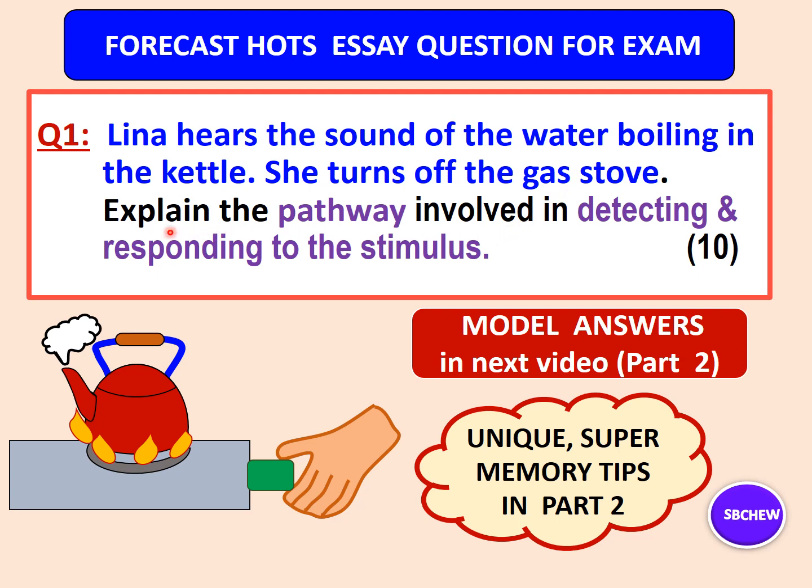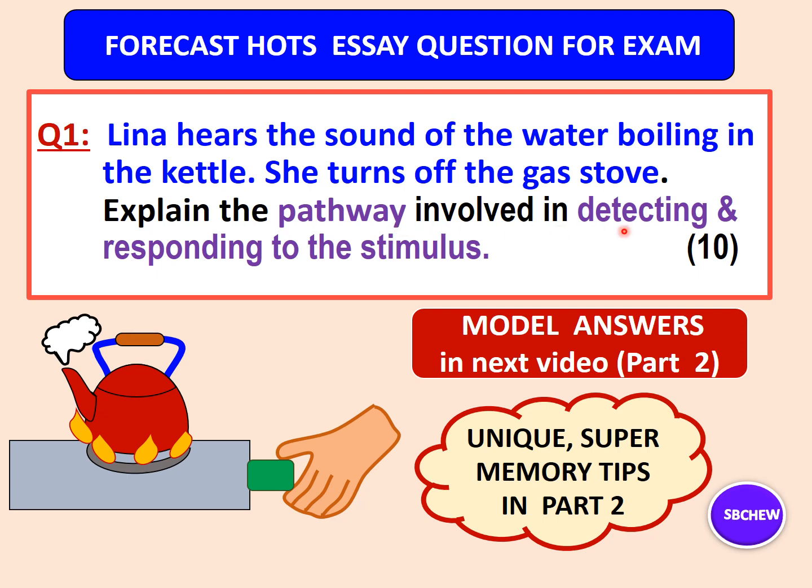And let's analyze it. Explain the pathway involved in, first of all, detecting the stimulus and then responding to it. So you must mention what the stimulus is and what are the cells that are involved in detecting it. And then from there, what happens to the cells? What do they do?